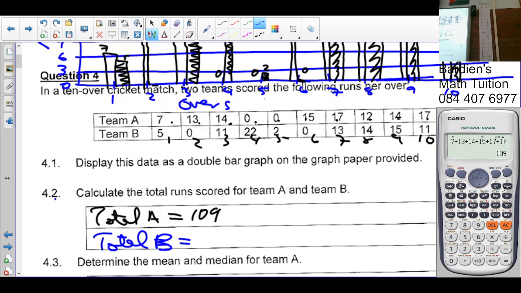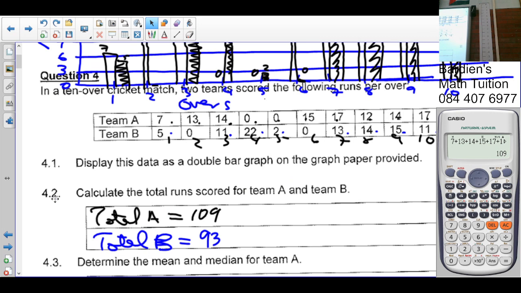Okay. In team B, there's going to be 5 is 16. 16, 17, 18, 20 is 40, 40, 50, 60 is 67, 77, 82, 93.